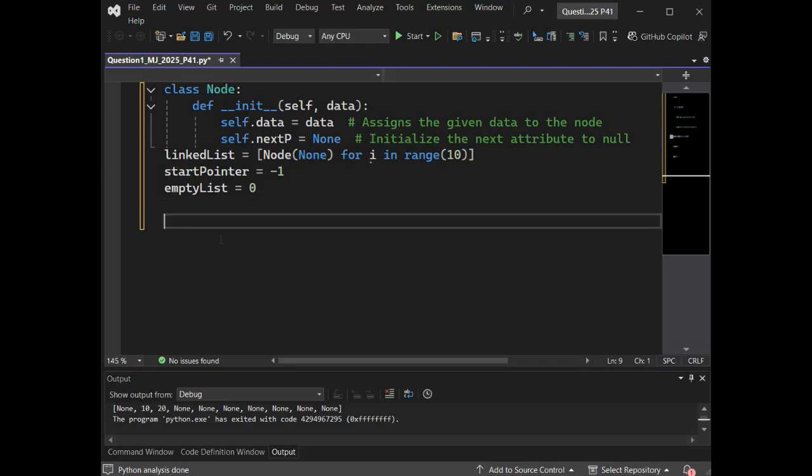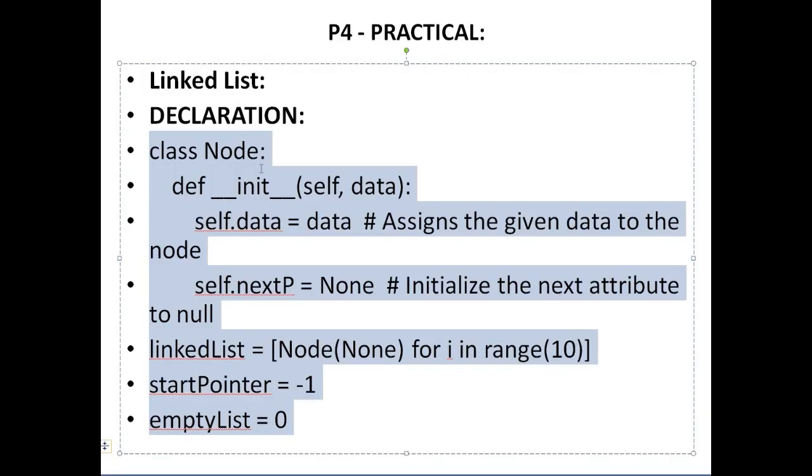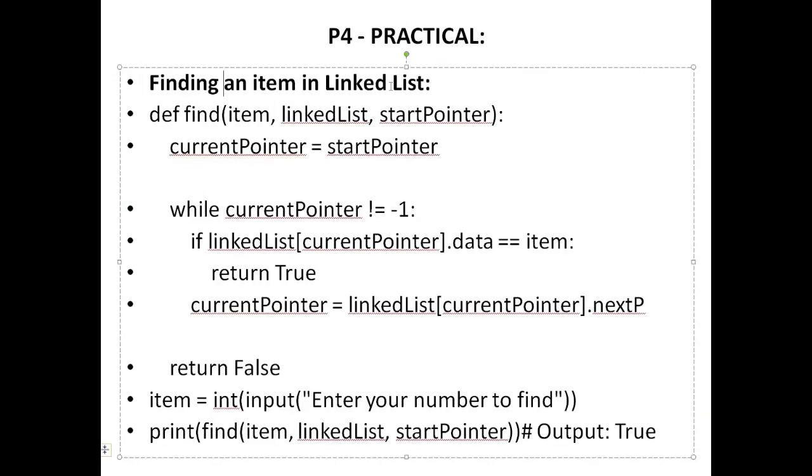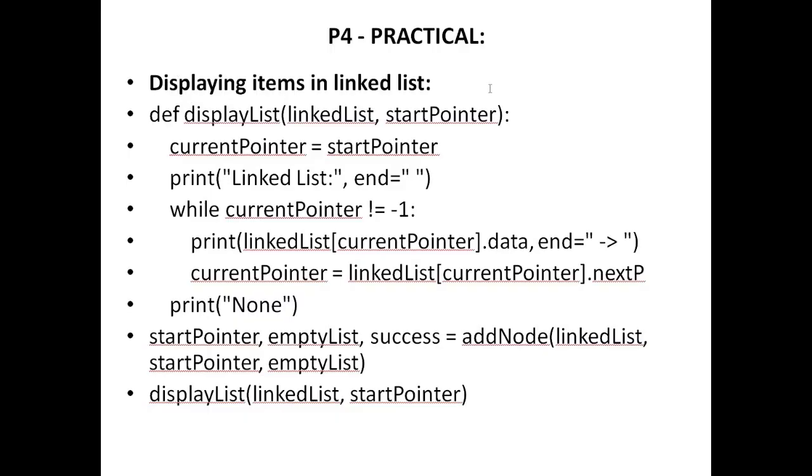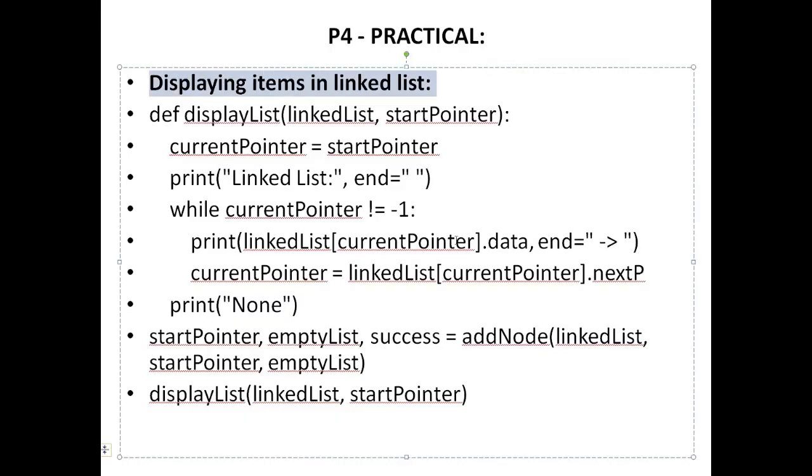So far we have just created a linked list, nothing else. Now the part comes where you will need to find an item in the linked list, or to insert an item in the linked list, or to display or print the items in the linked list.